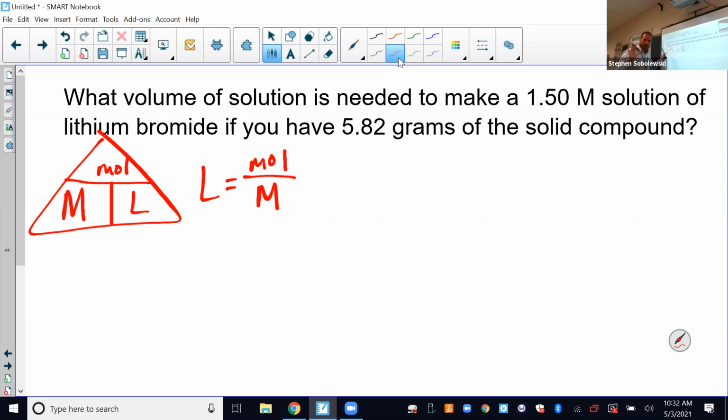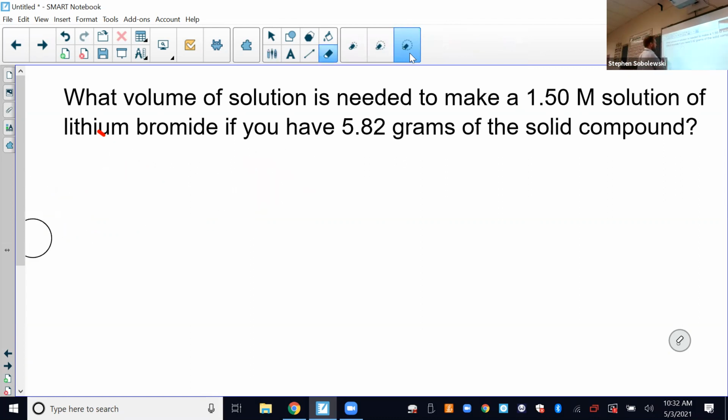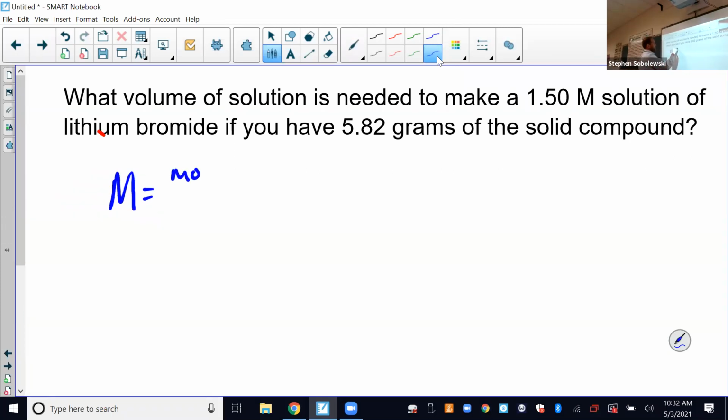Now let's say you forgot how to do the triangle thing, okay? How would we solve for liters? As long as you know the formula for molarity is molarity equals moles over liters, you can work this out. Now, how do we isolate a denominator? It's a little tricky. I advise you do it in 2 steps. First, get rid of denominators. I hate denominators. I want them to go away. How can I get rid of this denominator?